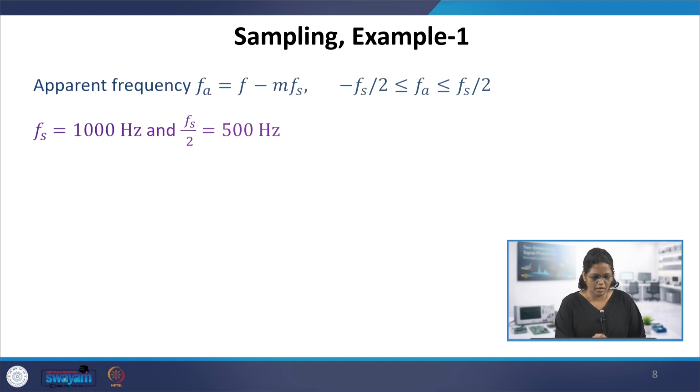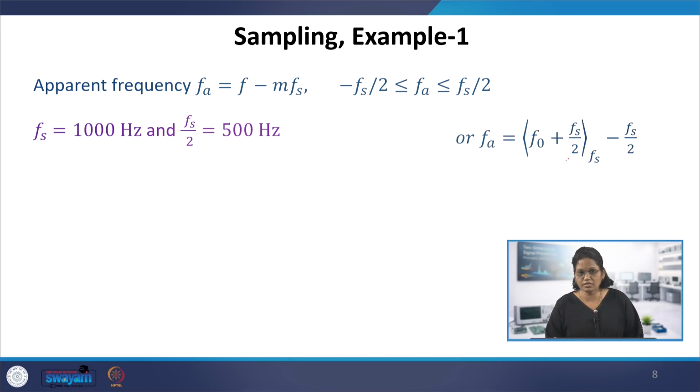The apparent frequency Fa is related to F minus m Fs, where m is an integer, and Fa lies between minus Fs by 2 and plus Fs by 2. This is equivalent to saying that if we reconstruct it, Fa would be (F0 plus Fs by 2) modulo Fs minus Fs by 2. They both give the same information, just expressed in different ways. So, Fs is 1000 and the folding frequency now is 500 hertz.